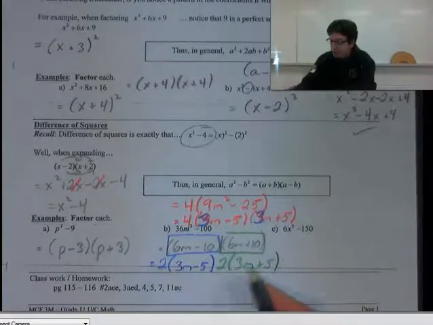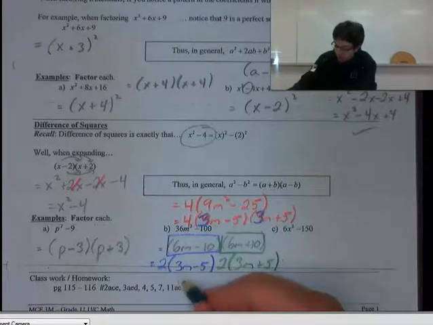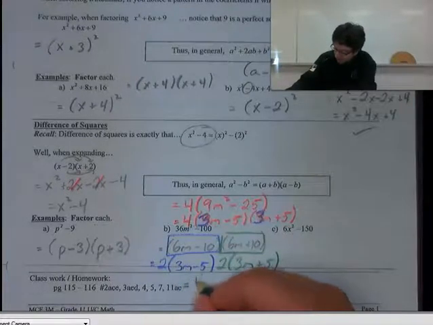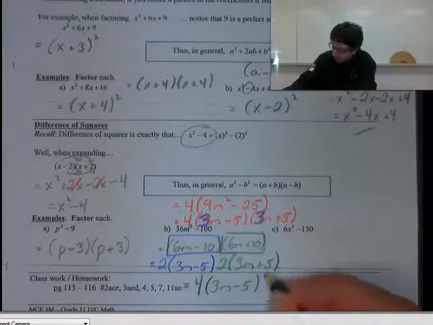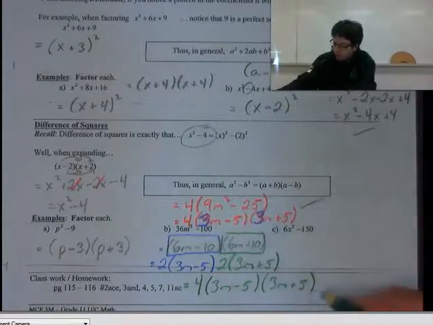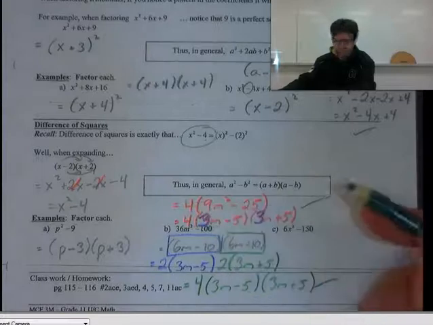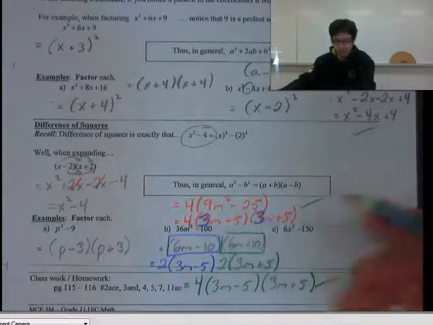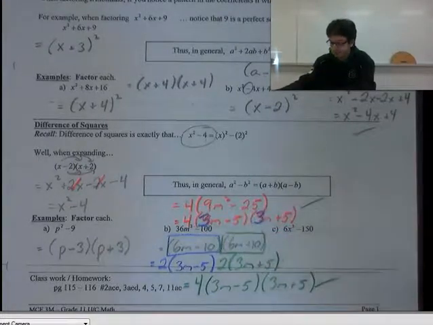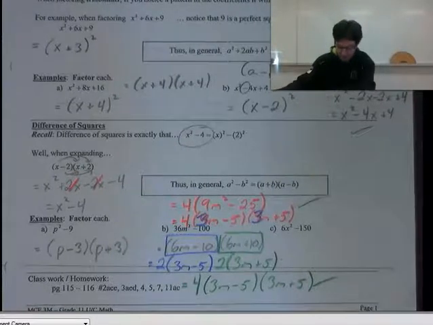And again, when you're multiplying, the order doesn't matter, so I can move this 2 over here, and 2 times 2 is 4. We have 3m minus 5 and 3m plus 5, which is the same as doing it up here. So in this case, we pulled out the common factor first, but in this case, we didn't. Either way, you end up with the same thing.